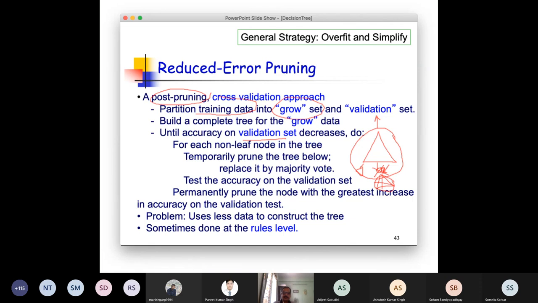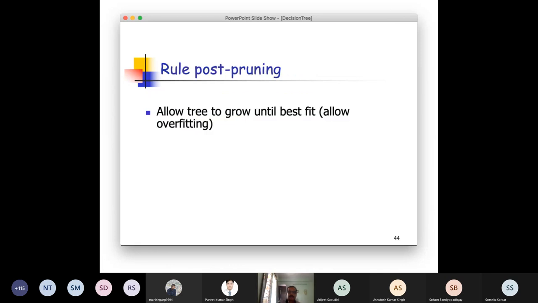Yes, sir. Okay, right. So you can also see that besides this post-pruning approach, there is another method which is called rule-based pruning, or rule post-pruning.